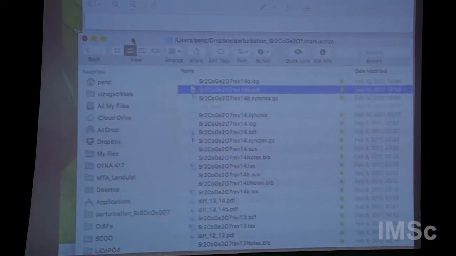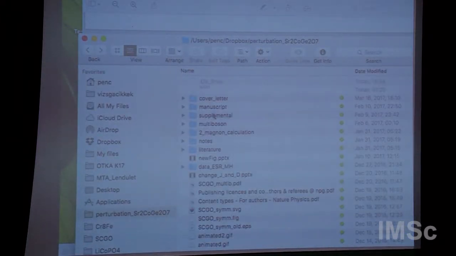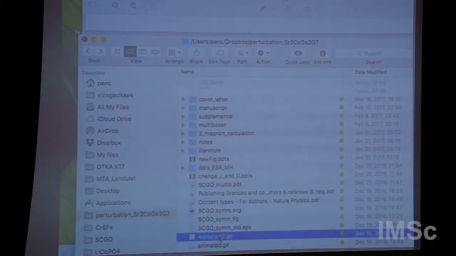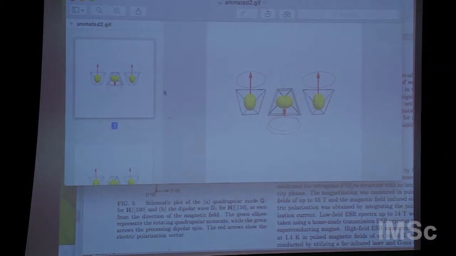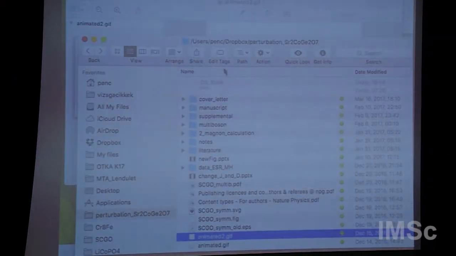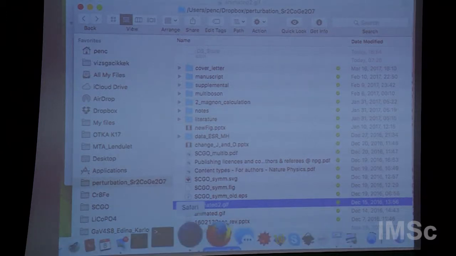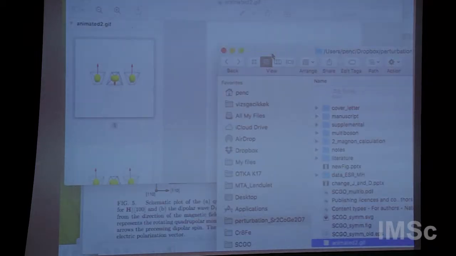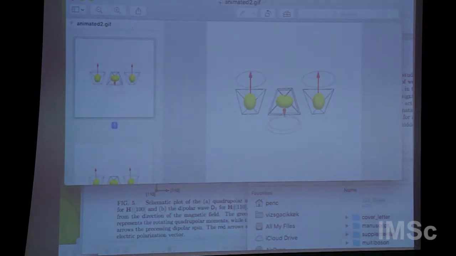Let's see if I find the animation. No, I don't need this here. Sorry. Too many things here. Animated, what is this? Yes, this will be fine if I can make it alive. How to make it alive? I need to put it into a browser. Let's see if it works. Hello? No, not this one.